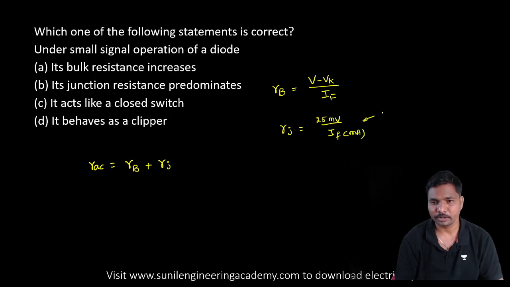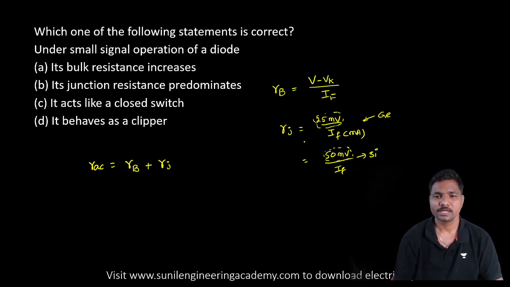This is 25 for germanium. In case of silicon, that is 50 millivolt. That means here the voltage is constant. It does not depend upon any forward voltage, so it is just inversely proportional to forward current.